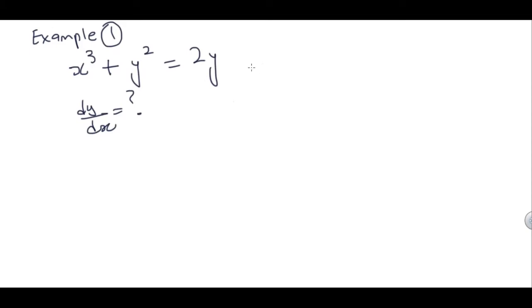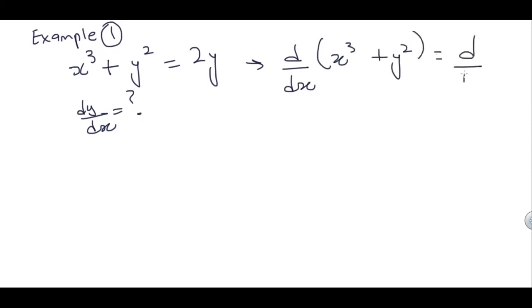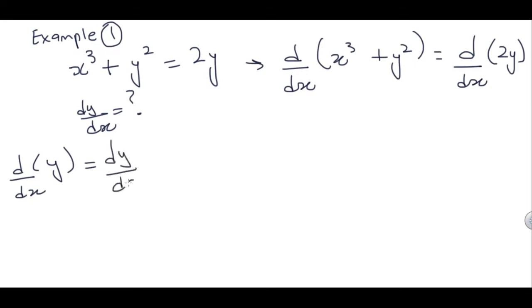It can look something like this: d over dx of x cubed plus y squared equals d over dx of 2y. Now, if we are supposed to differentiate y in terms of x, and we don't know what is inside the y, we will simply write it as dy over dx.